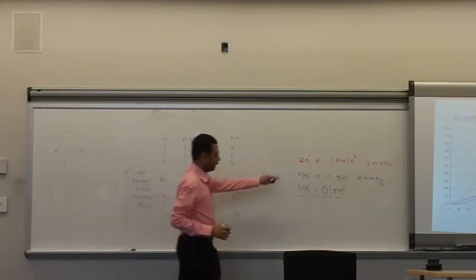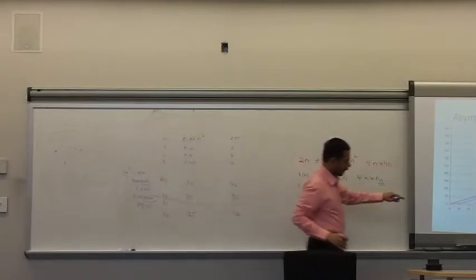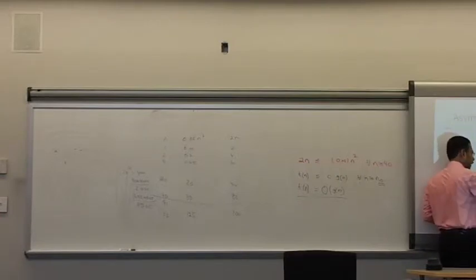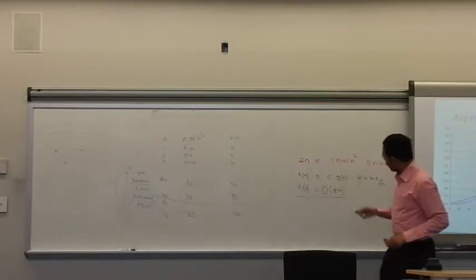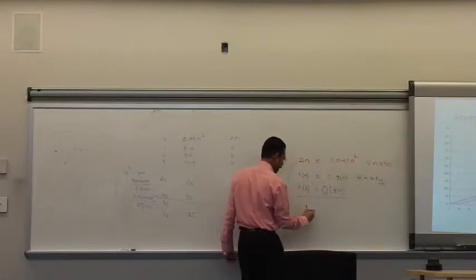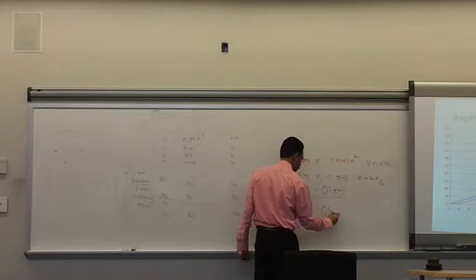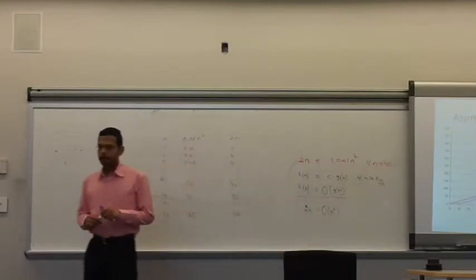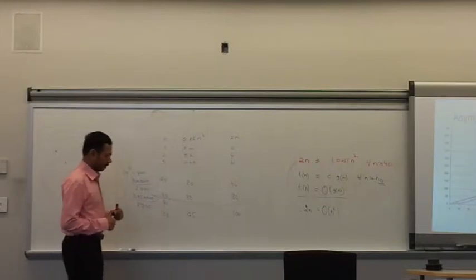Right? T of n, like 2n, is bounded above by g of n. 2n cannot go above 0.05 n square. Right? So we can even remove this constant like I removed here. So in this example, I can say 2n is big O of n square. Okay? So that's the way we represent this thing.